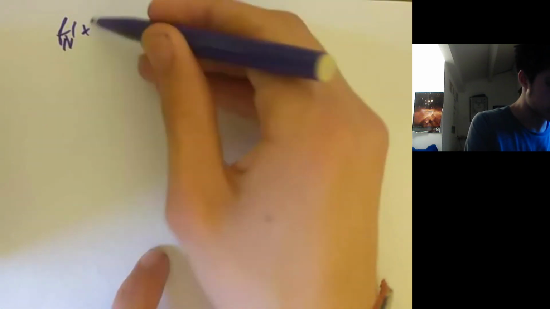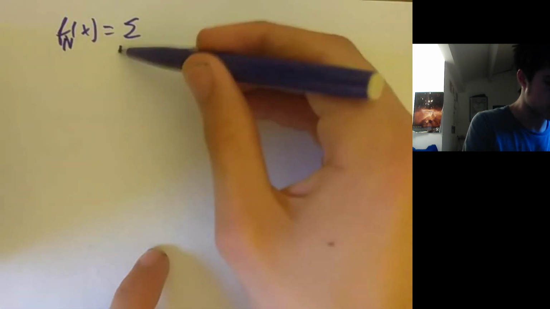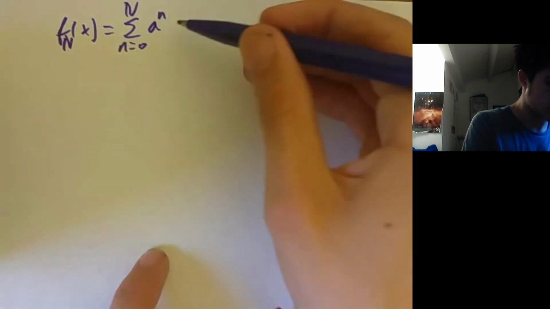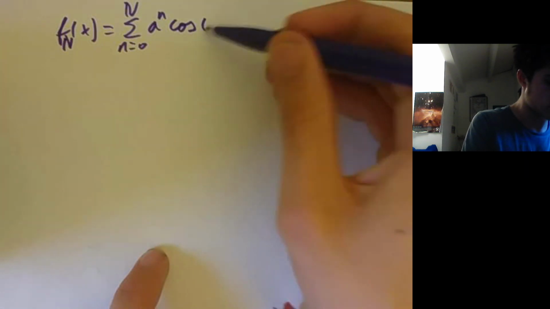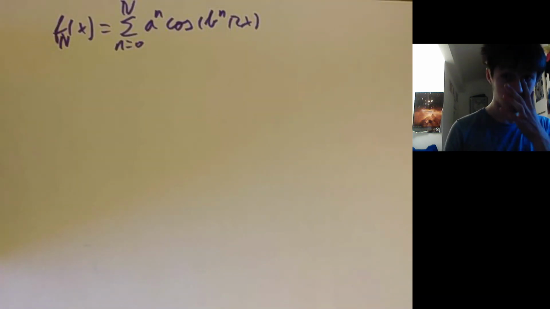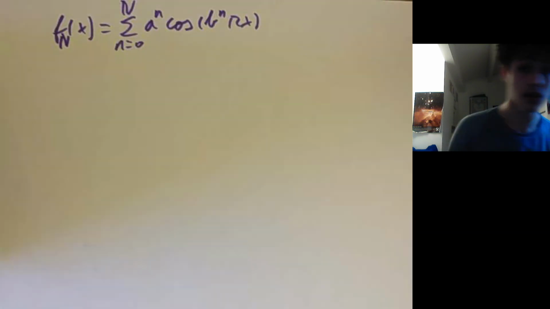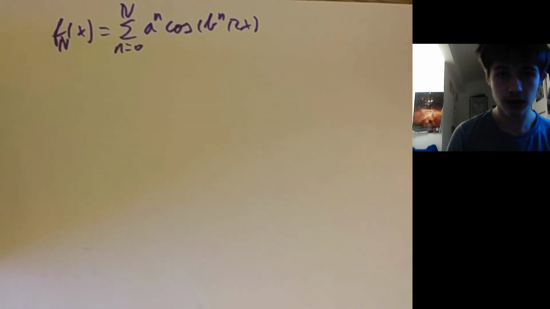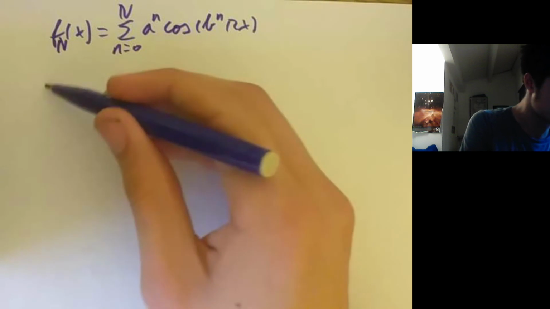So f sub capital N was the sum from n equals 0 to capital N of a sub n, the cosine of b to the n pi x. And now, of course, this is a function which is differentiable everywhere, because it's just a finite sum of cosines. So we can take the derivative of this function.